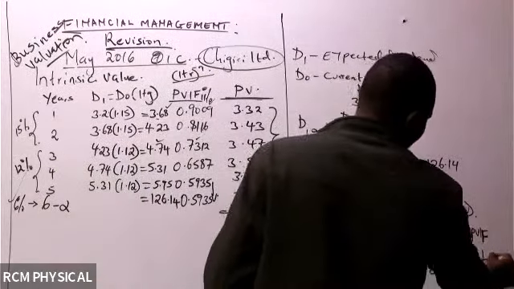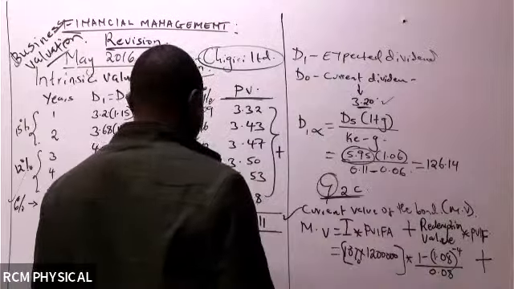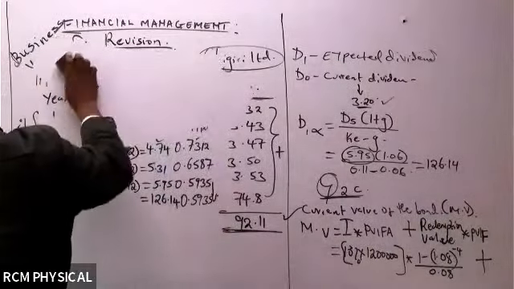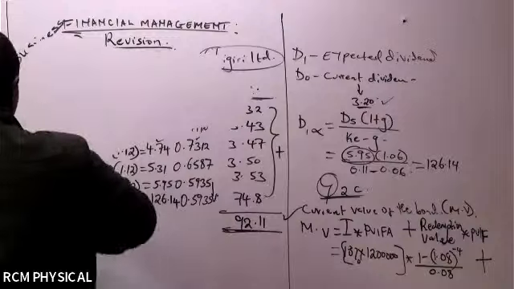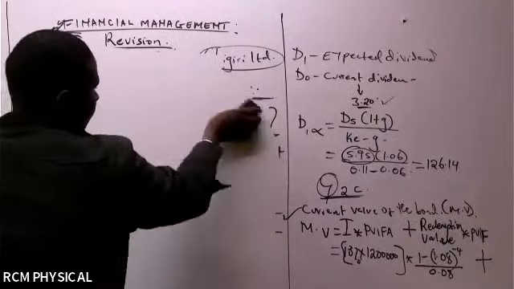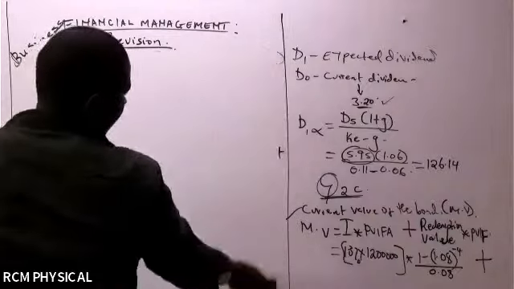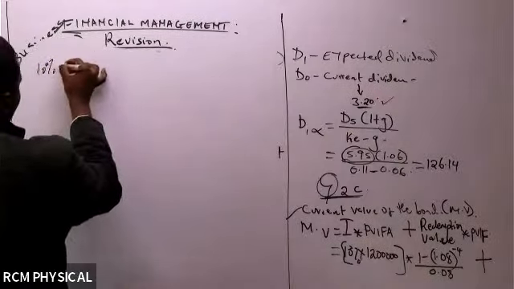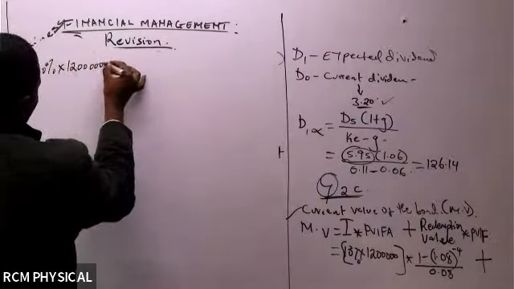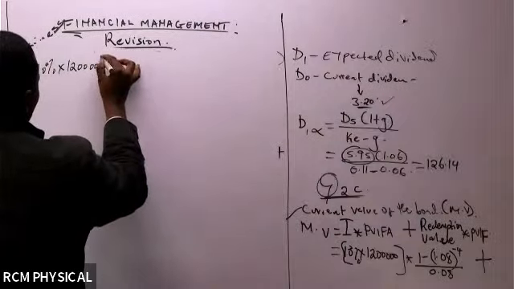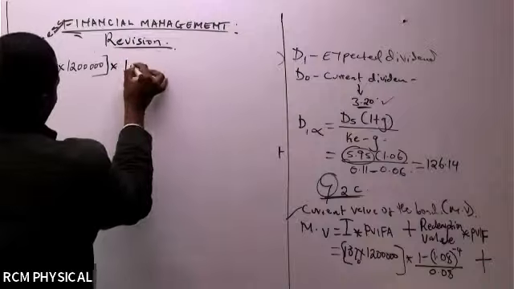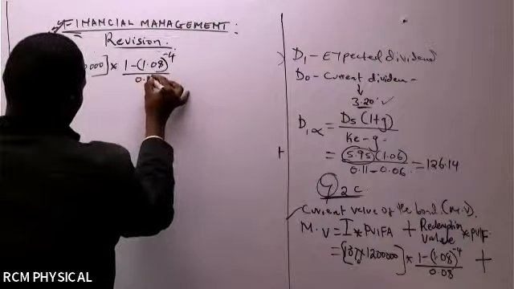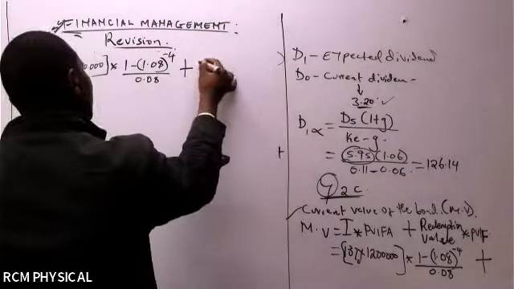We need to adjust this. This is 10% of 1,200,000 multiplied by 1 minus 1.08 to the power of -4 divided by 0.08, plus the redemption value.